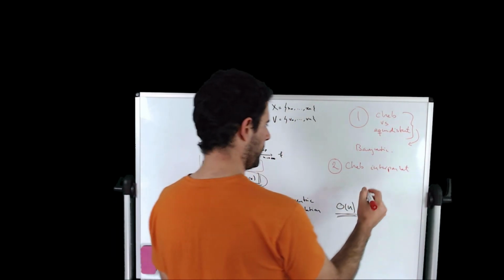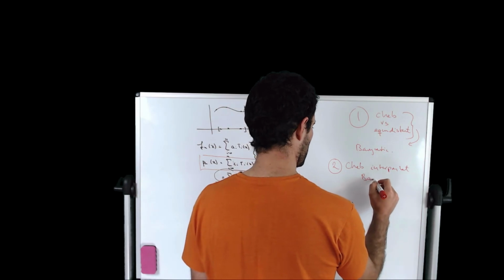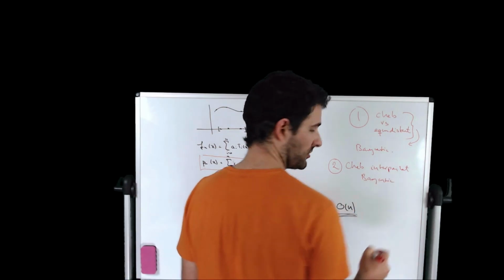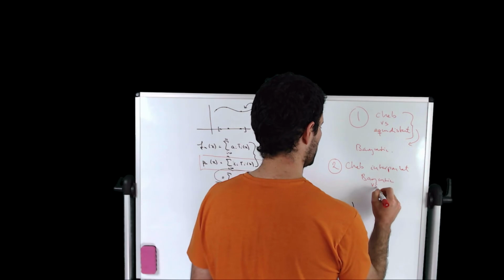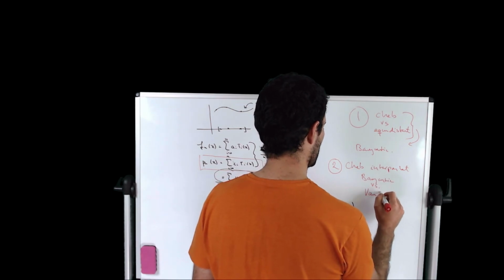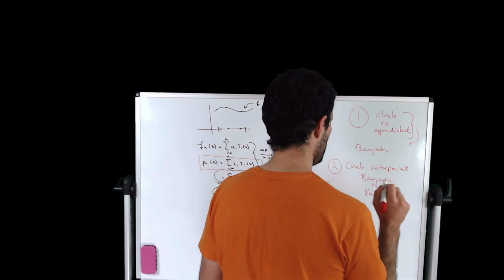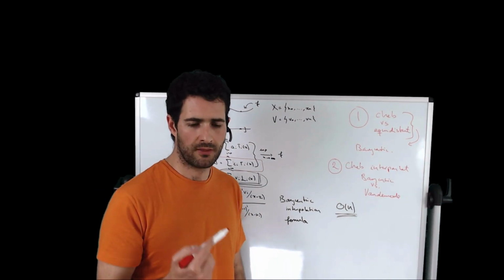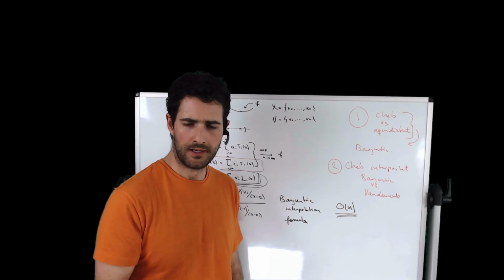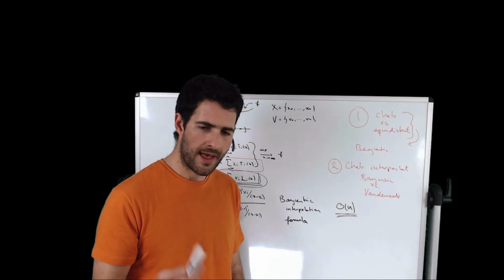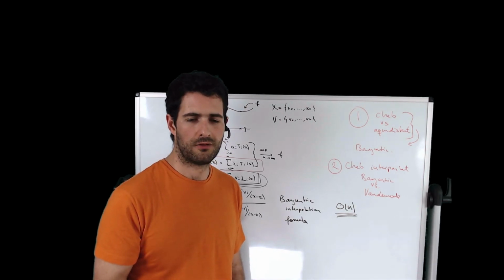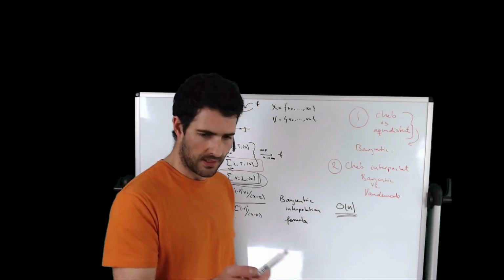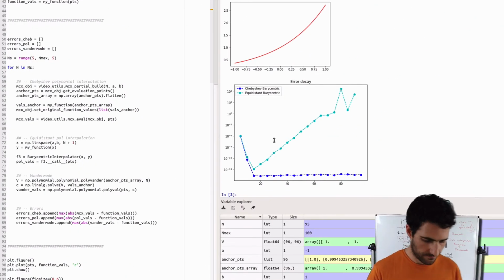One of them is going to be with the barycentric interpolation formula, and the other one is using a method called the Vandermonde method to evaluate polynomial interpolants, which, by the way, is a very common method. You find it in all sorts of implementations, and people rarely know that it's unstable. So I'm going to show you now an example of that case.